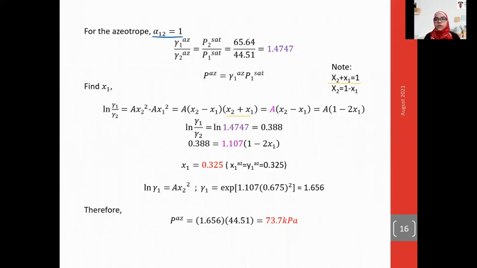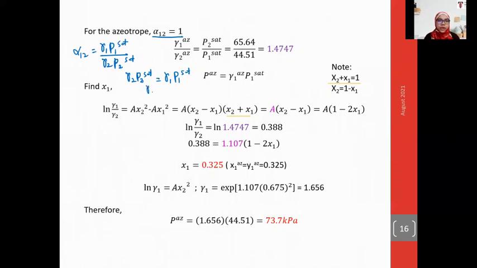This is the restriction to define whether the system has an azeotrope. Since alpha_12 equals 1, from the previous alpha_12 we have gamma_1 P_1 saturation over gamma_2 P_2 saturation equal to 1, so gamma_2 P_2 saturation equals gamma_1 P_1 saturation.